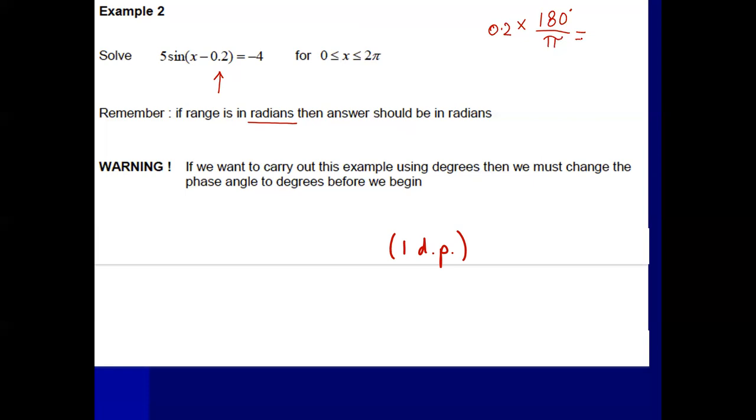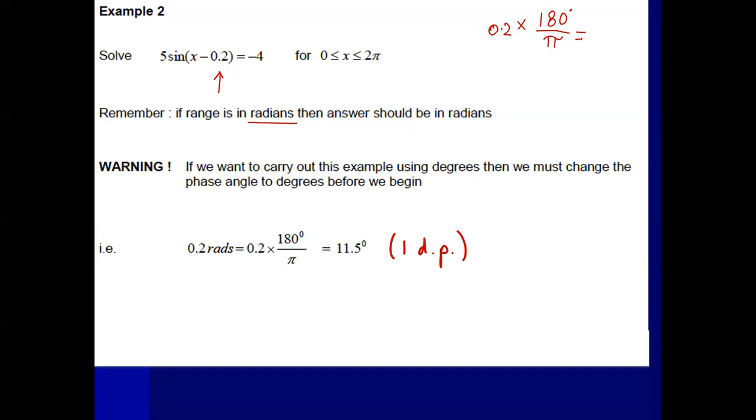So 11.45, or we can round it to 11.5 if you want, to 1 decimal place. So 1 decimal place, 11.45 should be 11.5, yeah? So that's the first thing we've done. 0.2 radians equals 11.5 degrees. And now I can work as if these were in degrees.